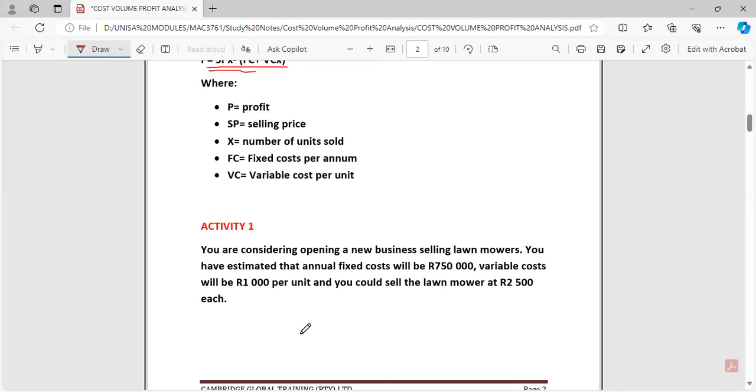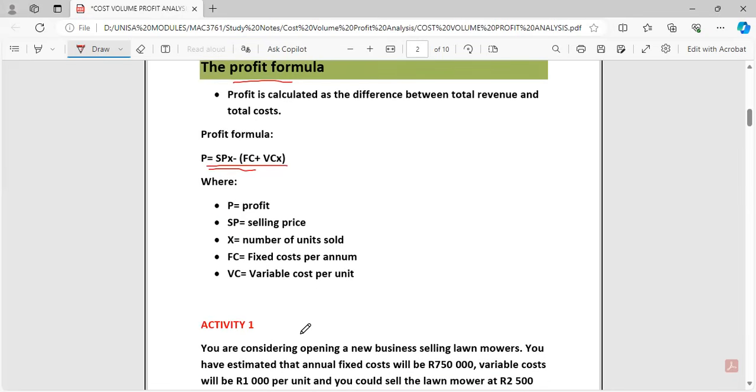So let's do this activity one together to use the profit formula and familiarize ourselves.